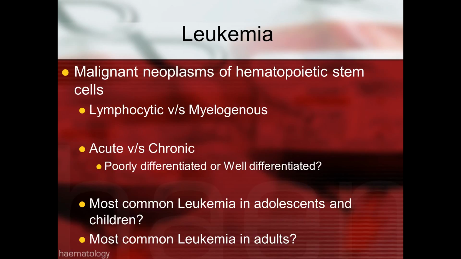But we're going to be focusing on lymphocytic leukemias. Acute and chronic, basically, acute is poorly differentiated. Chronic is well differentiated. So acute, young, chronic, old. Okay, most common leukemia in adolescents and children would be acute lymphocytic leukemia. Most common leukemia in adults would be chronic lymphocytic leukemia.